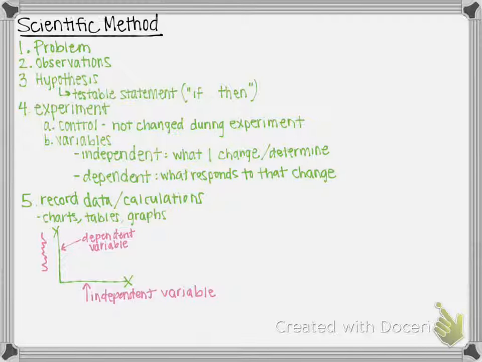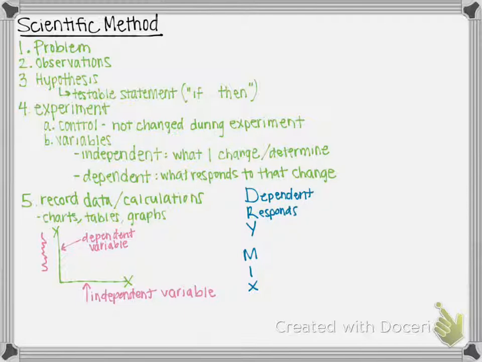And an easy way to remember which one goes to which axis, if you just remember DRY MIX, so we'll spell this out, D-R-Y-M-I-X. So this stands for dependent is the one that responds and is on the y-axis. So it's the variable that responds.